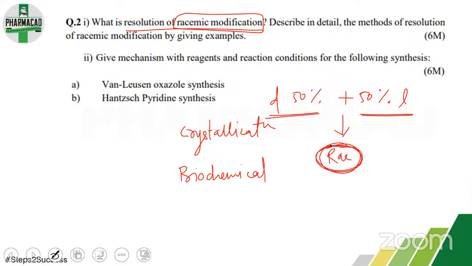Out of the two, one enantiomer will get rapidly destroyed by that particular organism. For example, Penicillium glaucum destroys the dextro isomer of ammonium tartrate. So Penicillium glaucum will destroy the dextro enantiomer, and at the end we are able to separate the levo. But this separation technique has one limitation: one enantiomer gets destroyed out of the two.